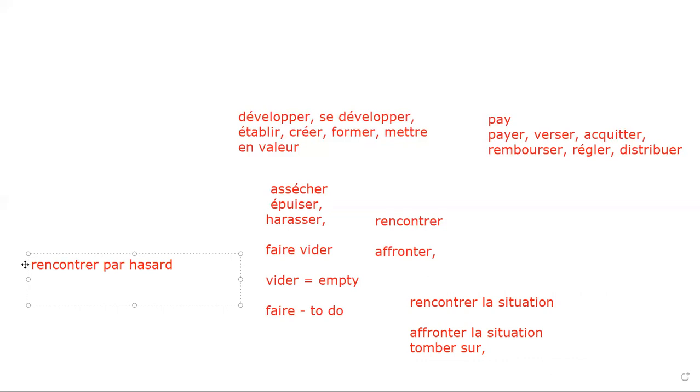Today we're working for B1, B2, to meet the situation by chance. Rencontrer, to meet, par hasard. Par is your preposition, by. Par hasard, to meet the situation by chance.